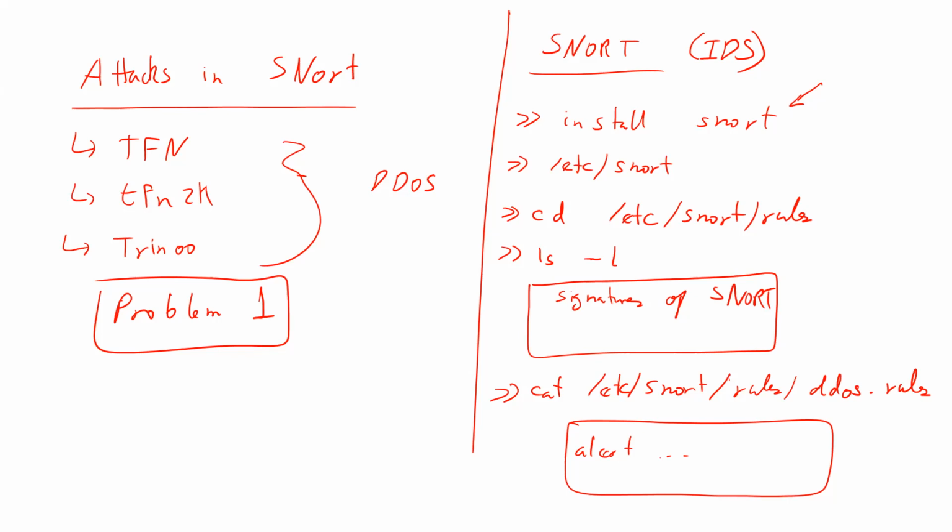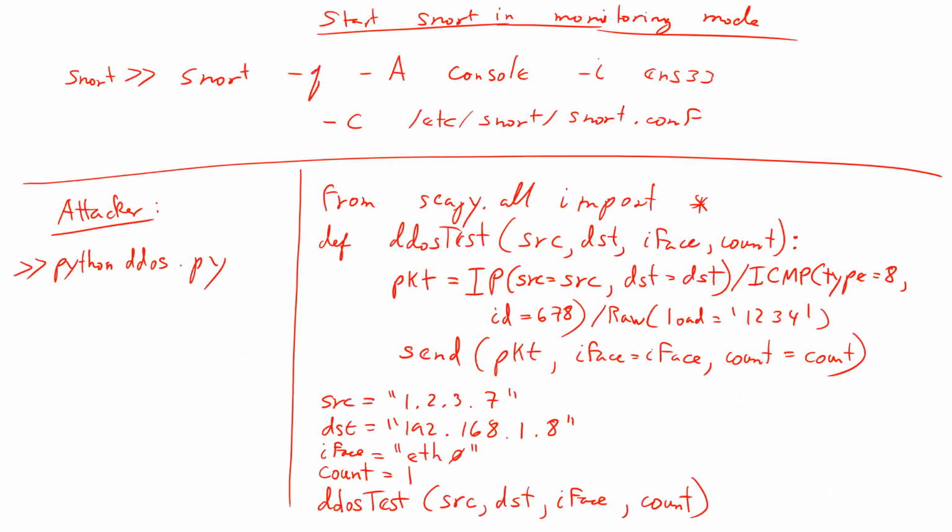You'll see this in the slides in a second. This is the command for starting the IDS. You have a client, a server, and then in this case the IDS itself in promiscuous mode.